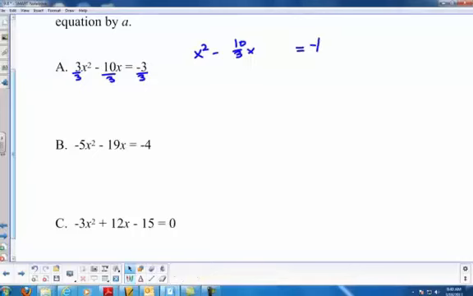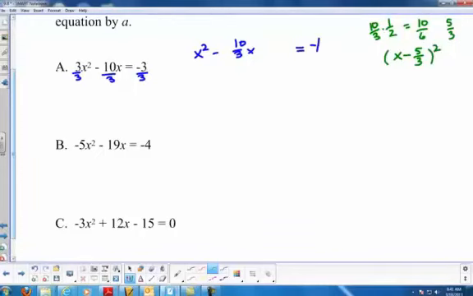Now, half of 10/3 is 10/6, because we were doing half of b. That simplifies to 5/3. So our factored form is going to be x minus 5/3 squared.